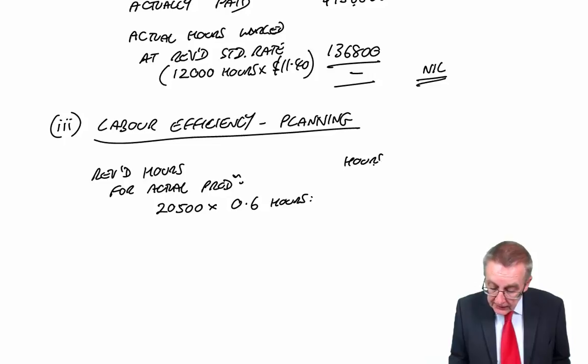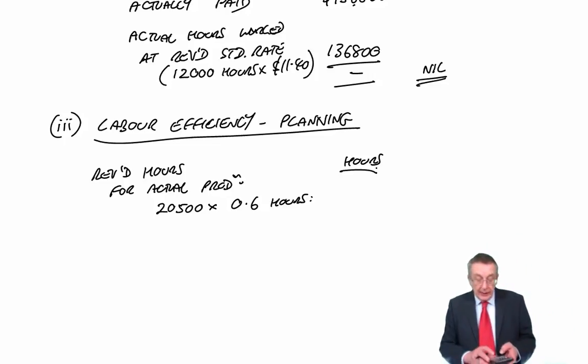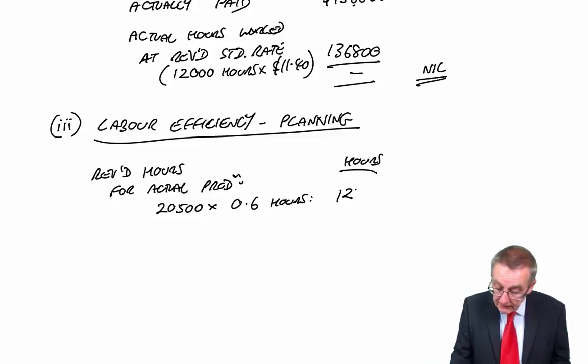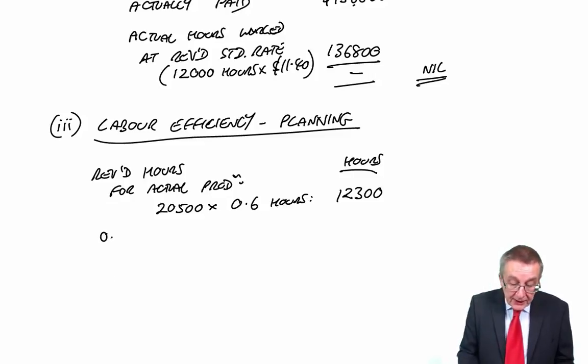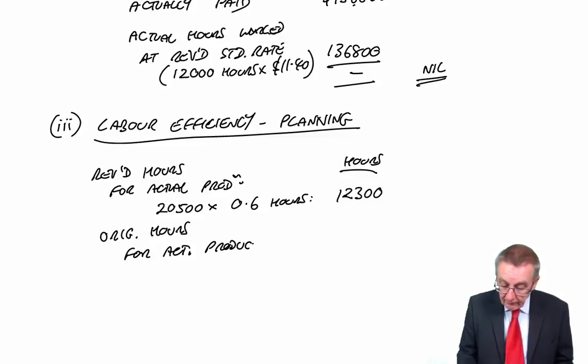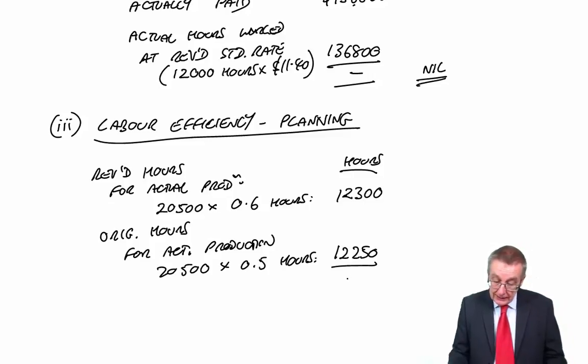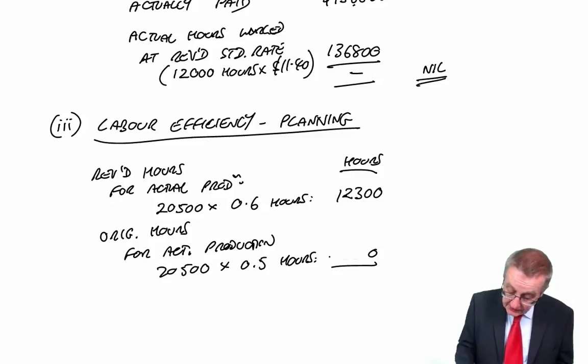So in hours, the revised budget, we would expect to take 12,300 hours, whereas the original plan for the 20,500 we actually produced, we originally planned on only 0.5 hours, which is 10,250.